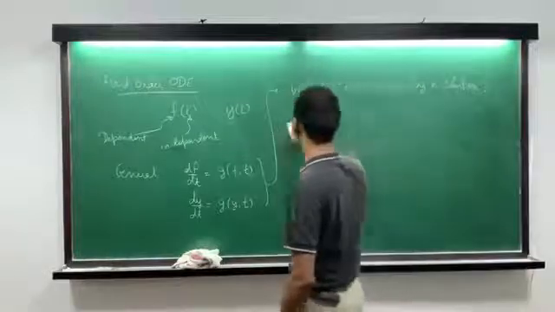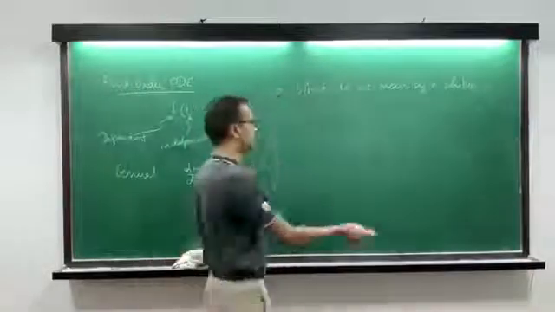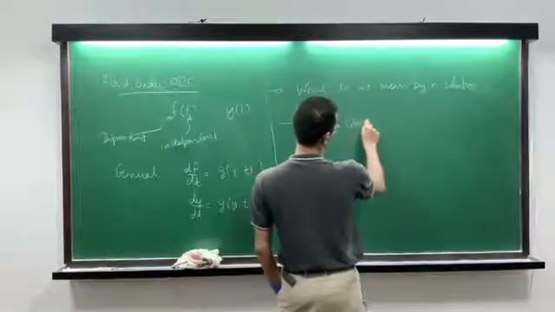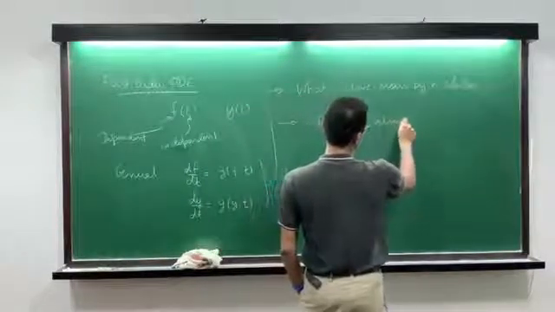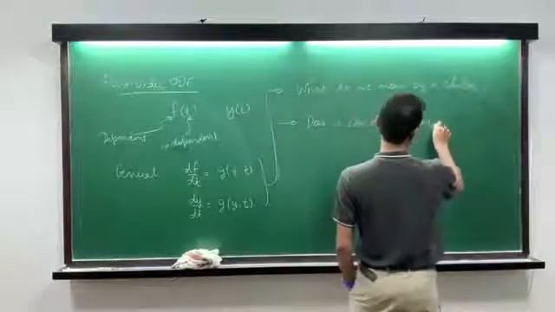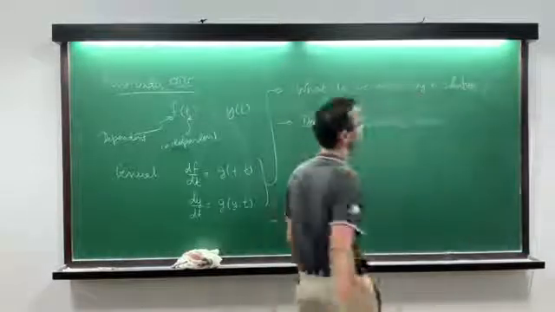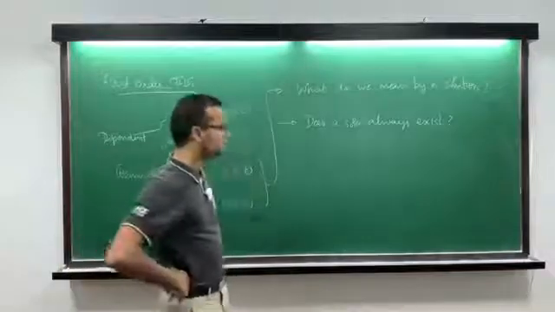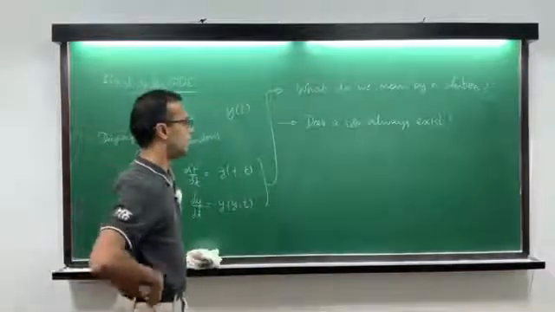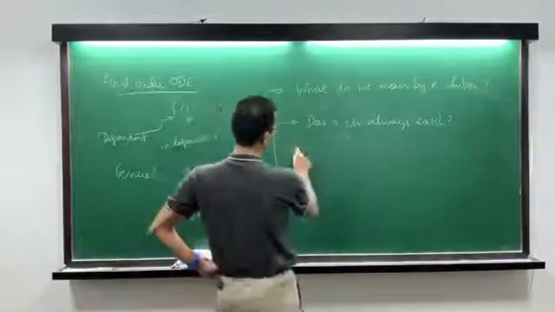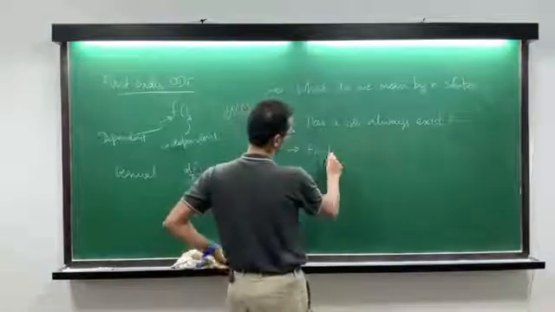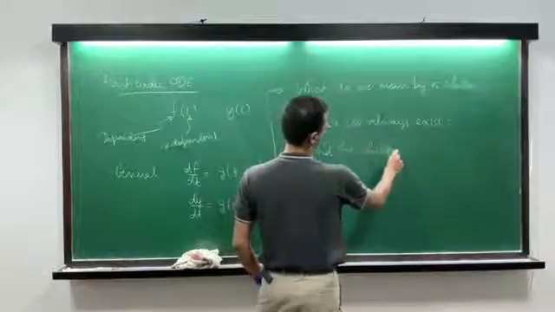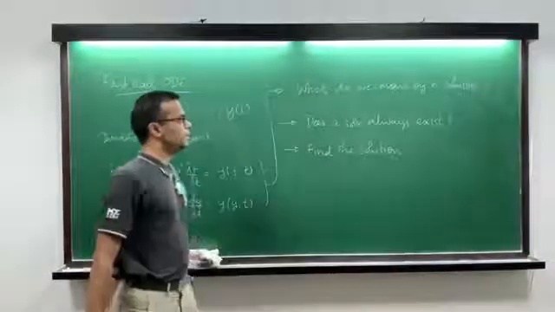The second question, again seemingly philosophical, is does a solution always exist? Okay, less philosophical, but philosophical nonetheless. And if you guarantee the solution exists, then you go find the solution. Okay.